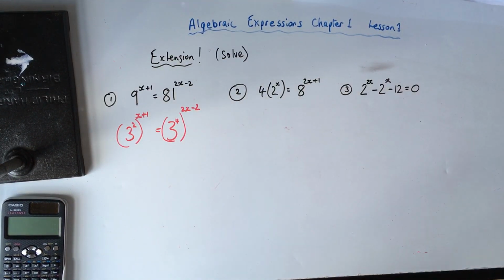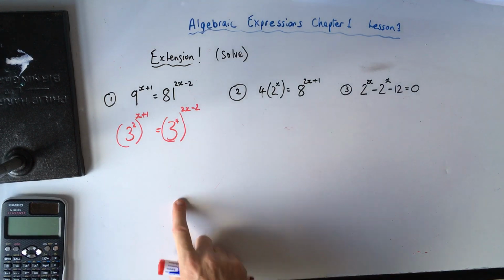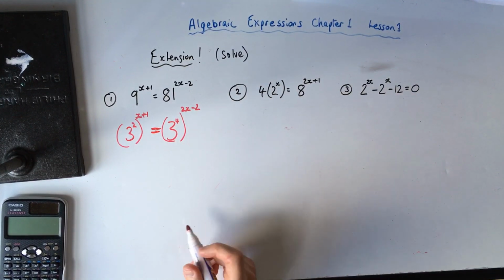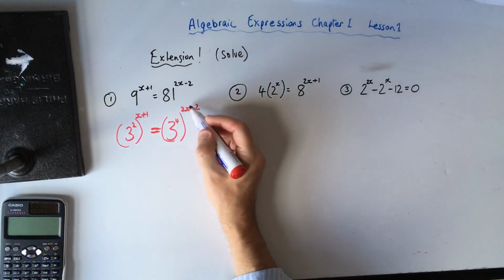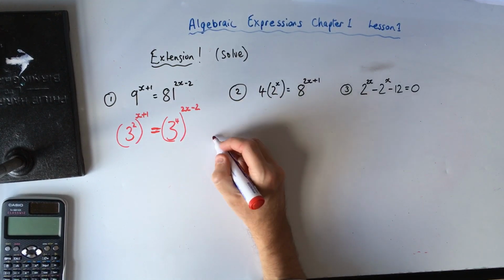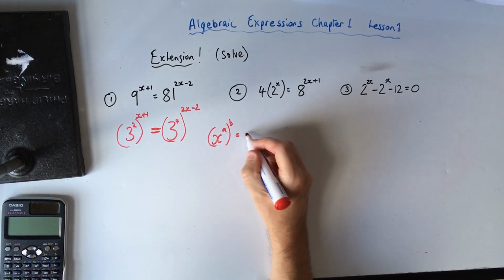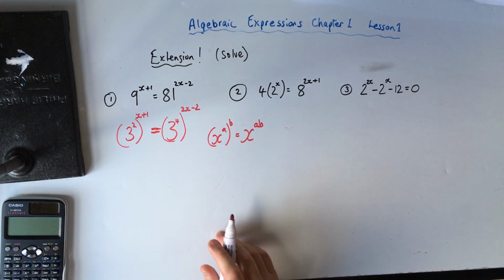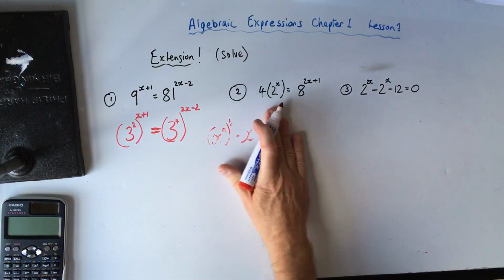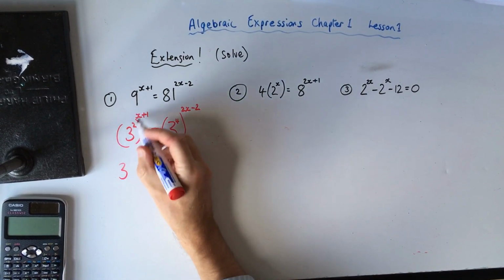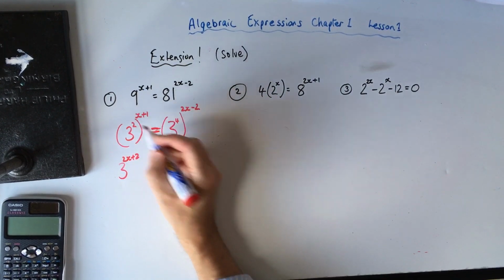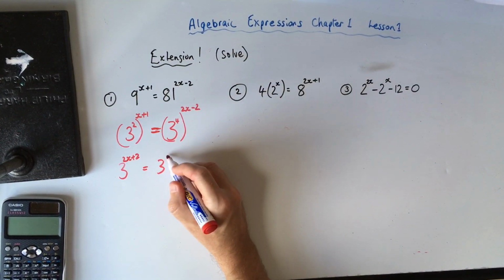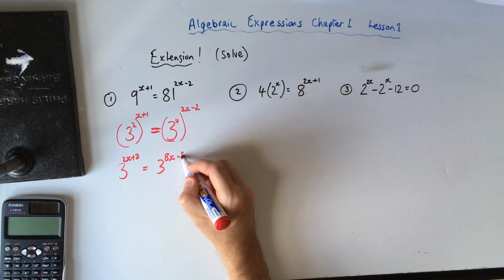Now there's actually 2 ways you can do this one. The first way, what you'll probably do without thinking, I suppose the most straightforward way, would be just to multiply these out using that rule, x to the a to the b is equal to x to the ab, isn't it? That's the rule that does this one. It's going to be the rule that does that one as well. If we apply that rule, we can say 3 times 2x plus 2, multiplying that out, is equal to 3, and we've got to times all of that by 4, because it's 4 lots of all of that, which will be 8x minus 8.